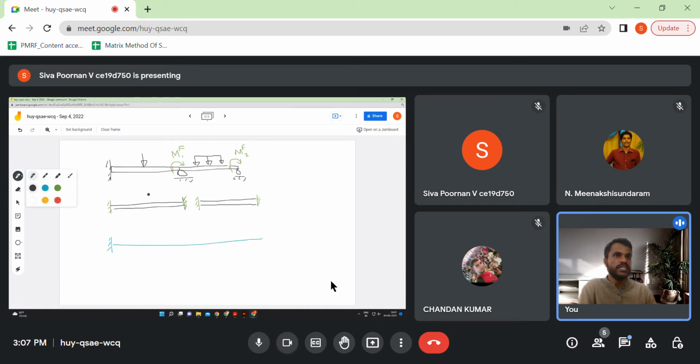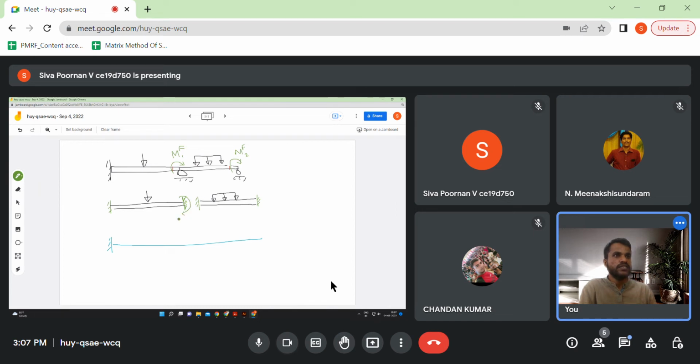Whatever intermediate loads are there, I will keep as such. And whichever moment I applied, or in other words I gave fixed support to this, I'll add a reverse moment at that point, right?